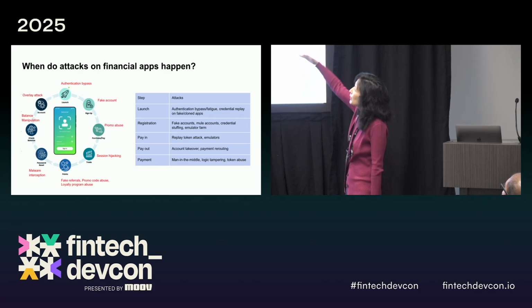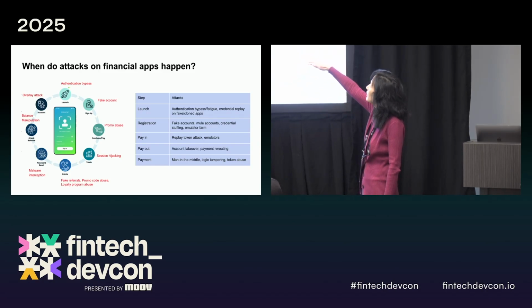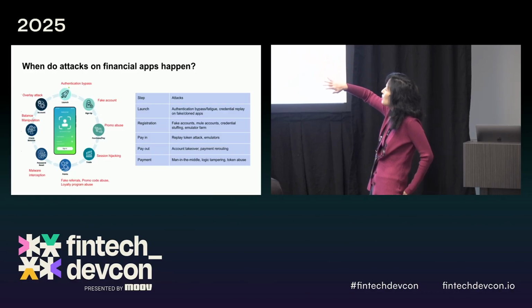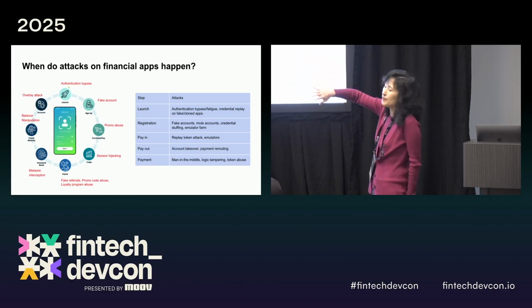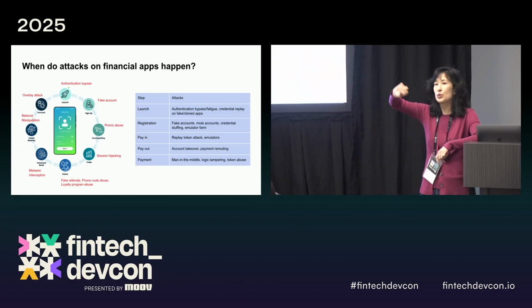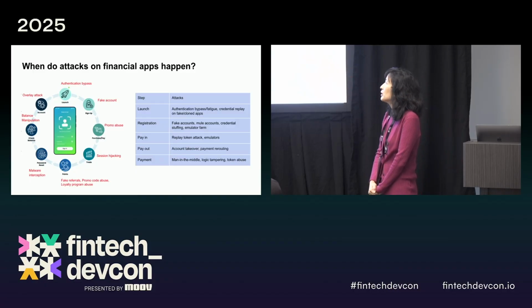But then in every part of the cycle, whether it's purchasing, there are replay and token attacks, and emulators being used in pay-in, account takeovers, payment rerouting, any kind of man in the middle, so basically any interception between the app and the end server.